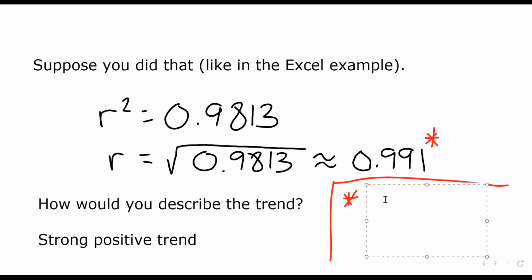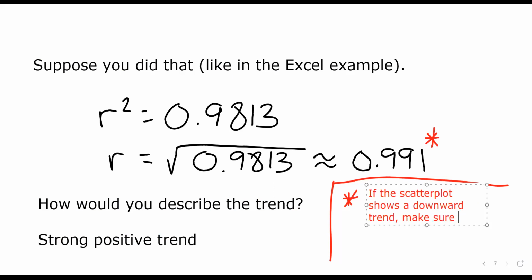But from the scatter plot perspective, when would you expect the value of R to be negative? When it's a downward trend. So here's the asterisk. If that was supposed to be red, just because I wanted it red, if the scatter plot shows a downward trend, make sure you put a negative sign on this value.